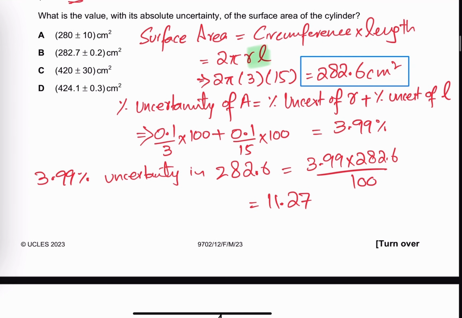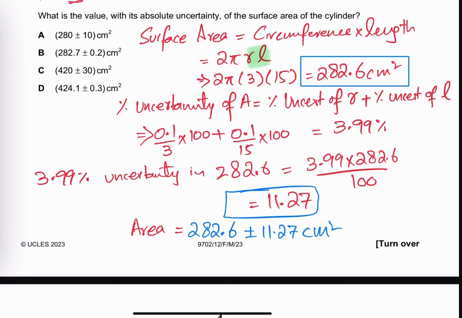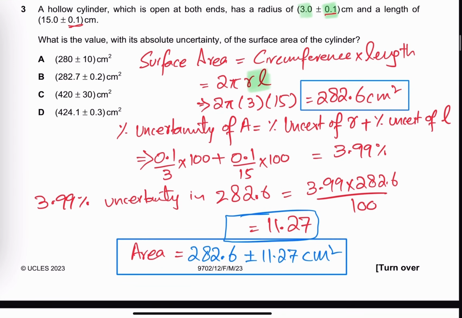So the final answer we can write as area is equal to 282.6 plus minus 11.27 centimeter square. So it's option B. Sorry, it's option A. A is the closest one, okay?